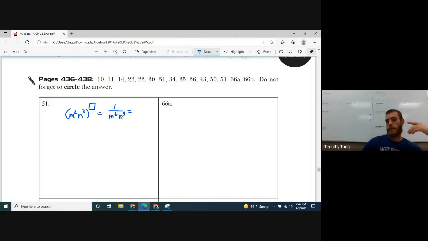So one way to look at this, instead of looking at this as in the denominator, we could look at this as m to the power of -6 and n to the power of -9. So 2 times what would give me -6? Well, that would be -3, right? 2 times -3 gives me the -6, and 3 times -3 gives me the -9. So we know -3 goes in that blank right there.